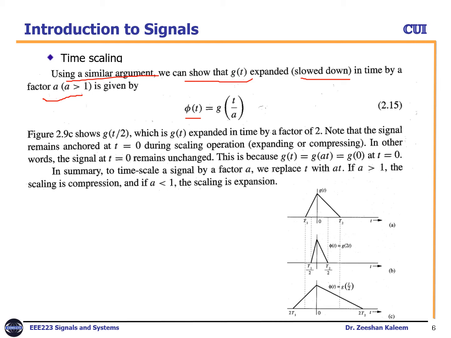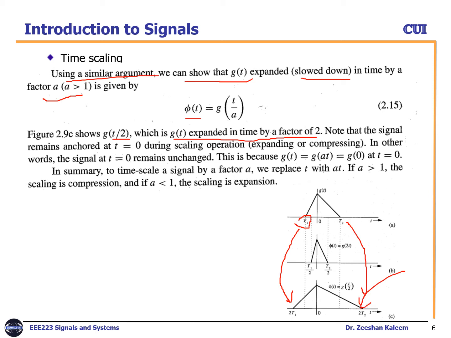Figure 2.9c shows gt by 2, which is gt expanded in time by a factor of 2. Whatever gt looks like here, it's expanded here as well. For example, there was a t1, so here we have 2t1, and there was a t2, and here we have 2t2. So this is expansion.